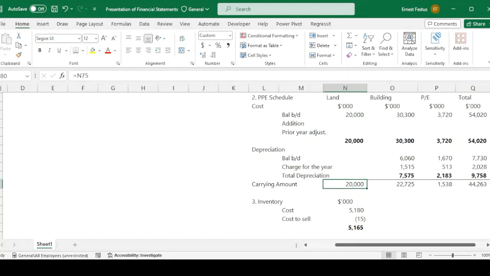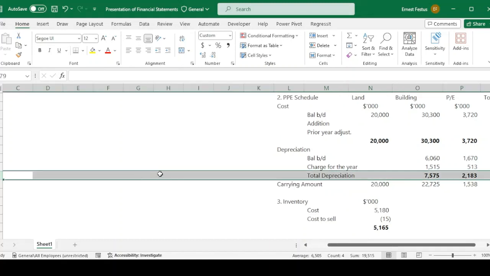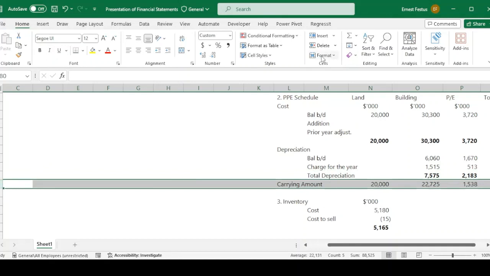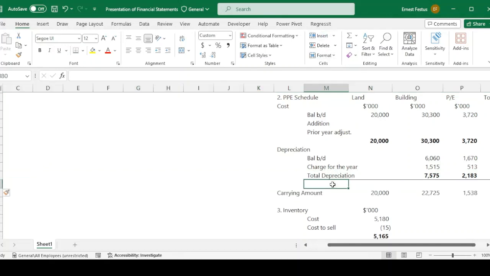So I'm going to insert a line here, and I'm going to call this revaluation gain, and that is actually the balancing figure.